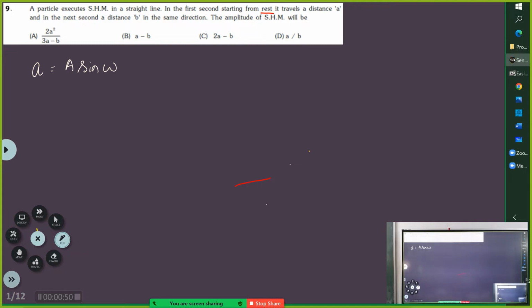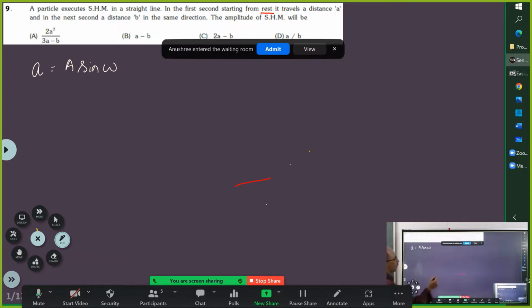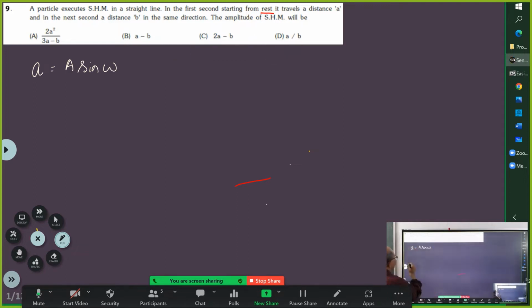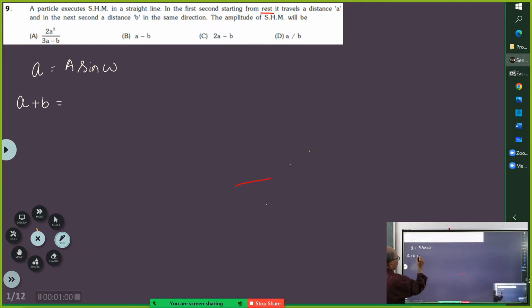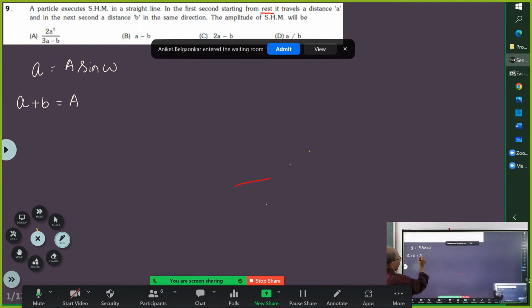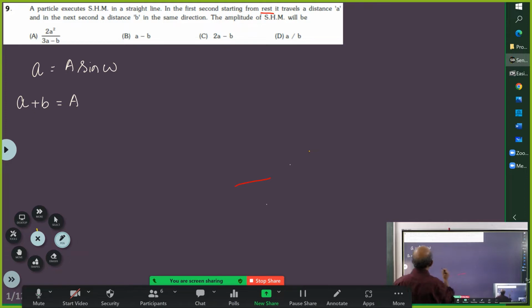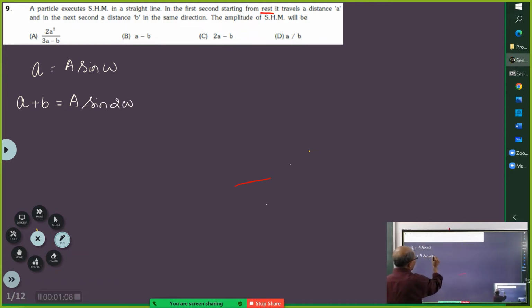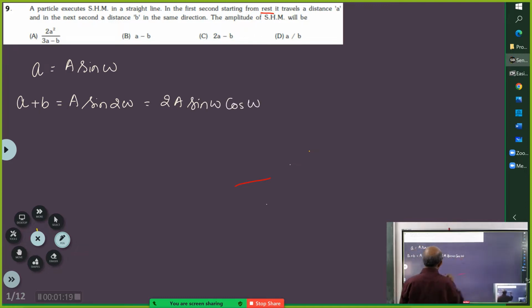And in the second, it is going to have b, and therefore the total distance that it has traveled will be a plus b equals A sine of 2 omega.